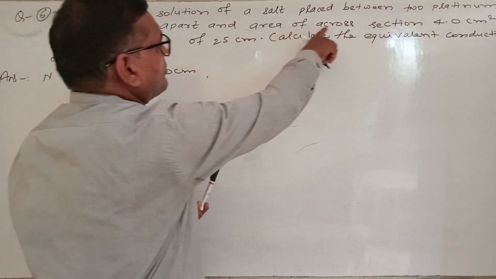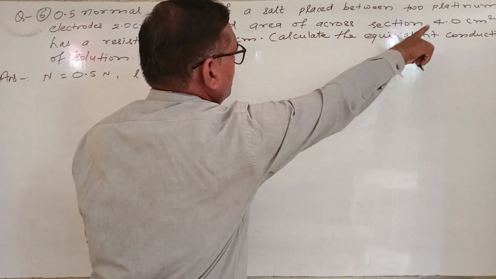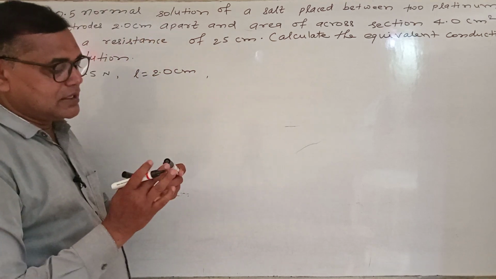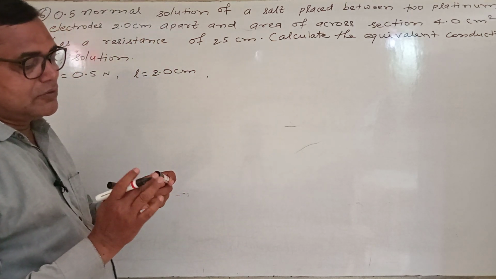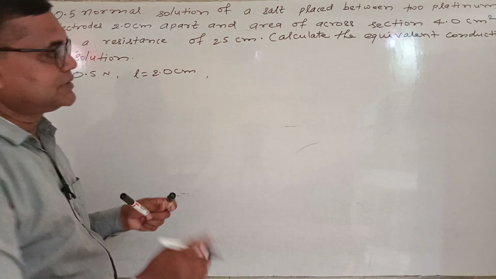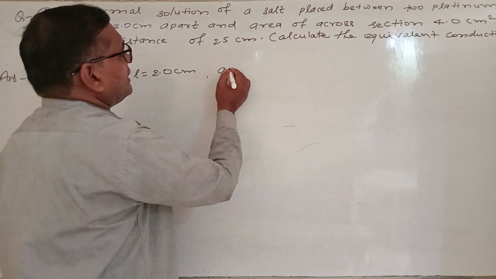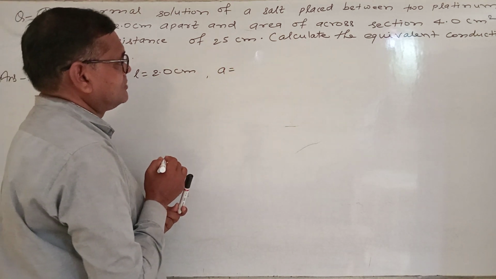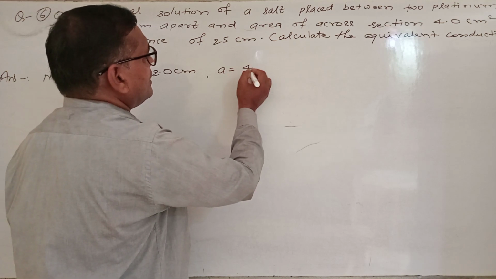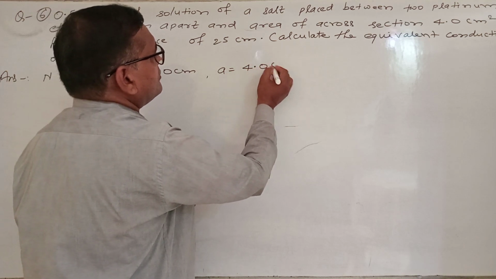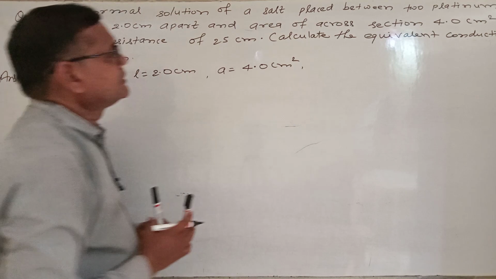And area of cross section 4.0 cm square. The symbol of area of cross section is small a, we write small a is equal to 4.0 cm square.